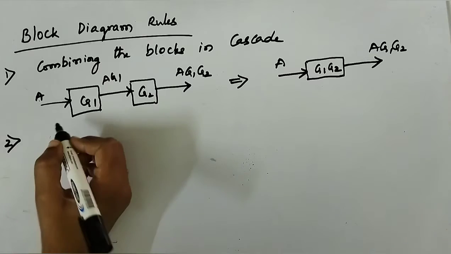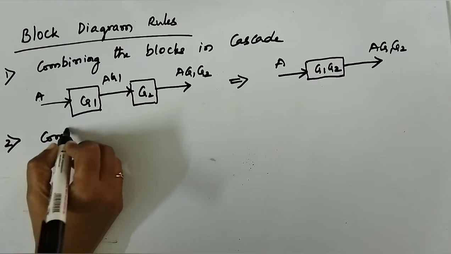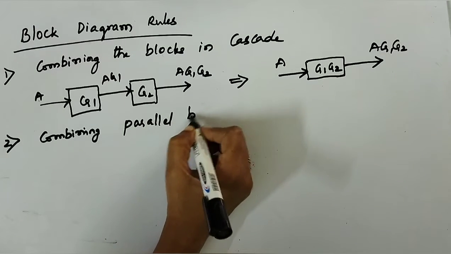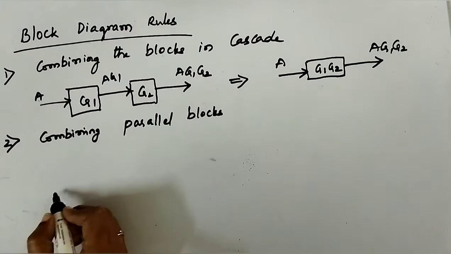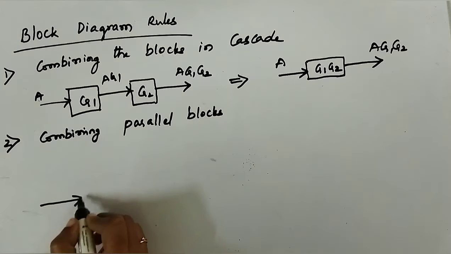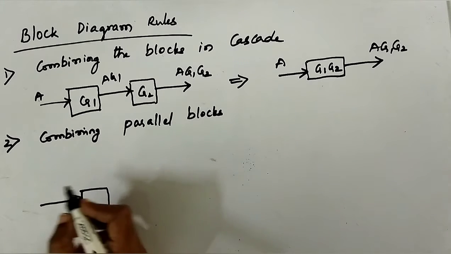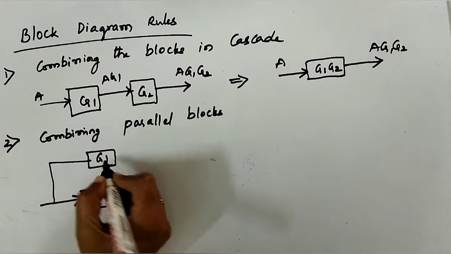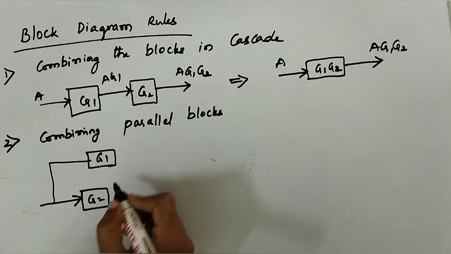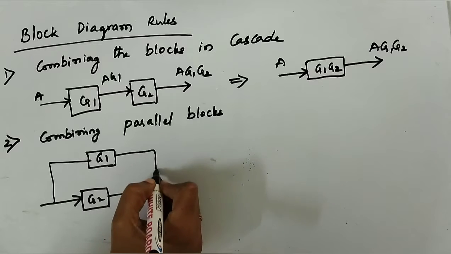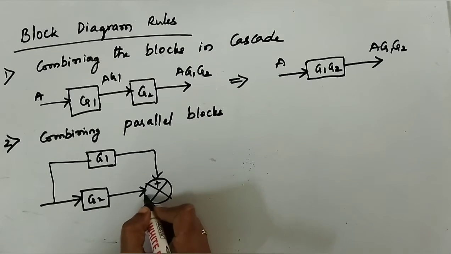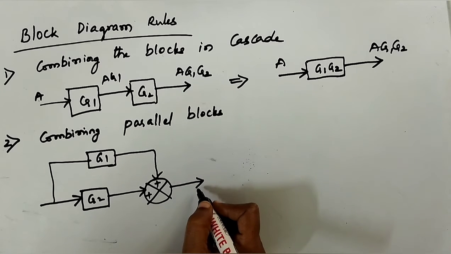The second rule is combining parallel blocks. Now we'll see two paths in parallel, G1 here and G2 here. We have a summing point and this is the output path.